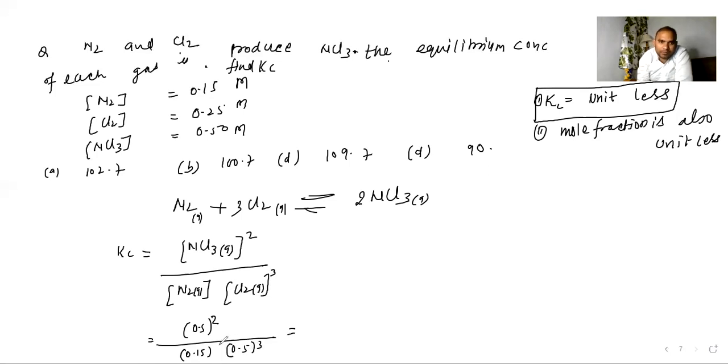Now let's try to solve. No, we wrote the correct one. Cl2 is not this one, 0.25 is, and it is cubed. Now solve it. This is 0.5 squared divided by 0.15 times 0.25 cubed.